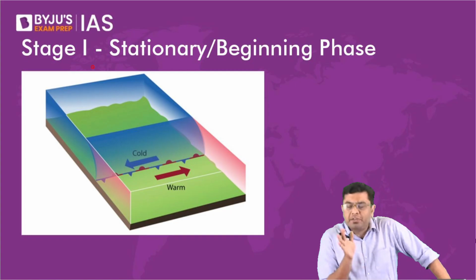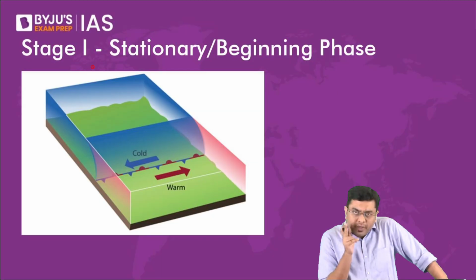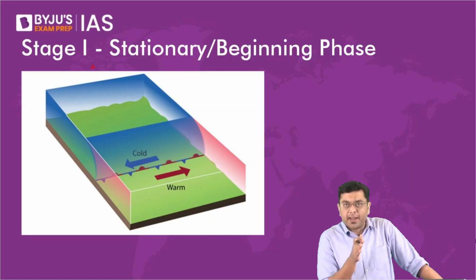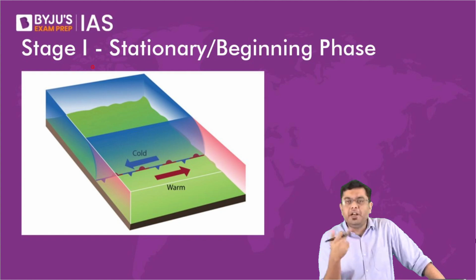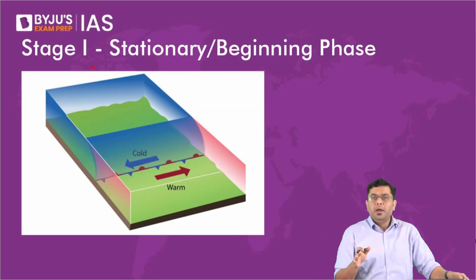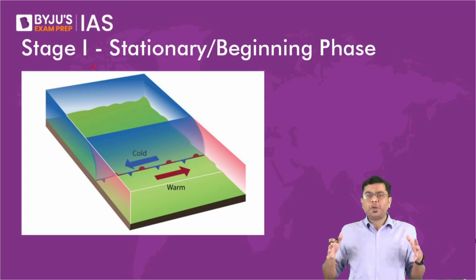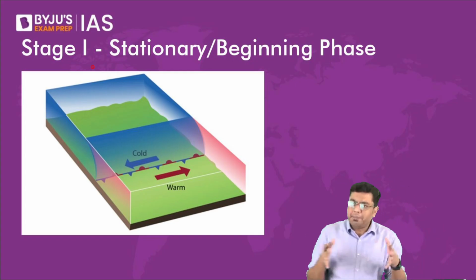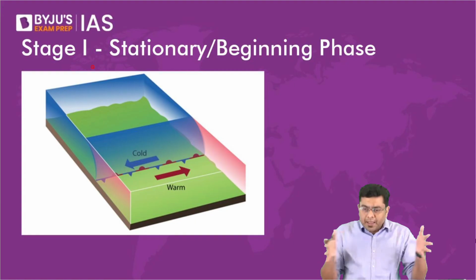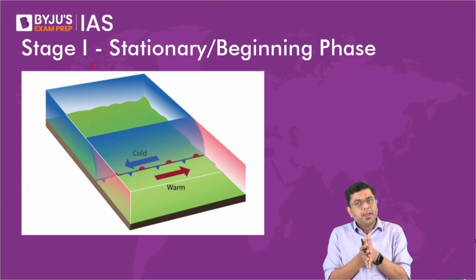And again, I will reiterate that for the development of a temperate cyclone, a front is a must, but it does not mean that every front will develop into a cyclonic circulation. So first of all, for the formation of a front, what do you need to have? You need to have air masses of different temperature confronting each other, coming in front of each other, isn't it?